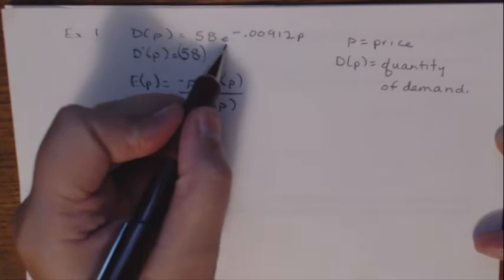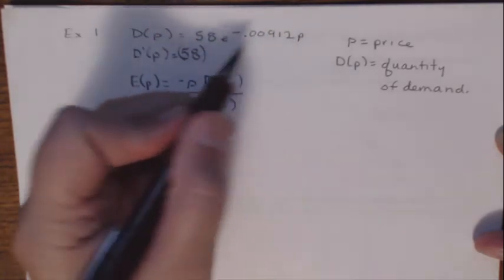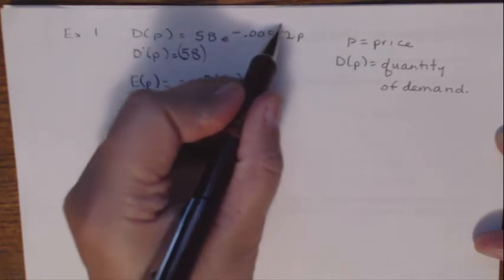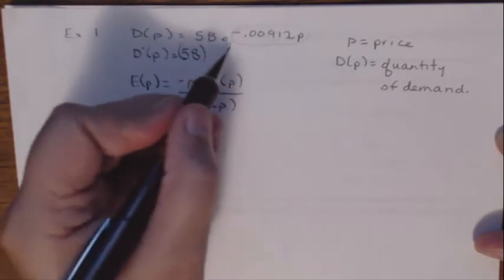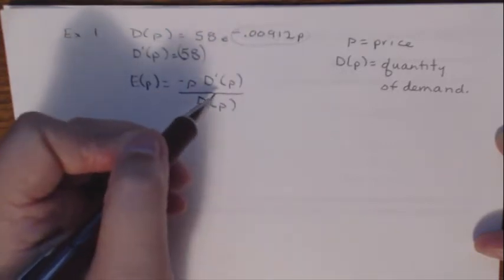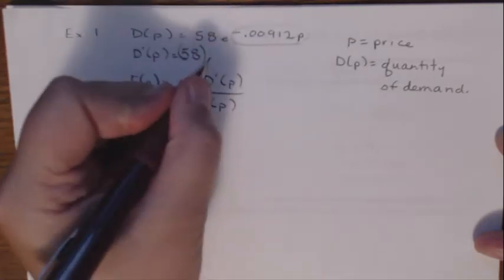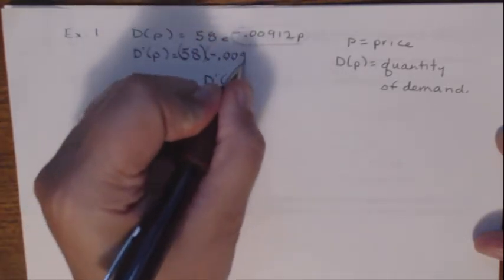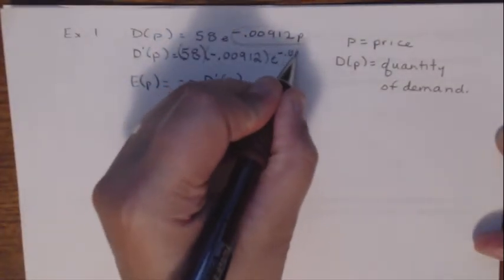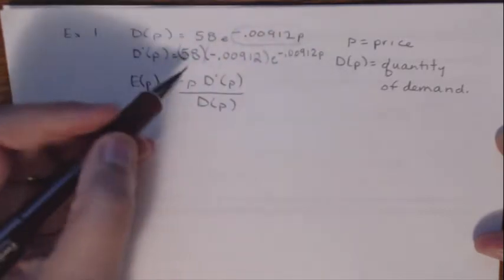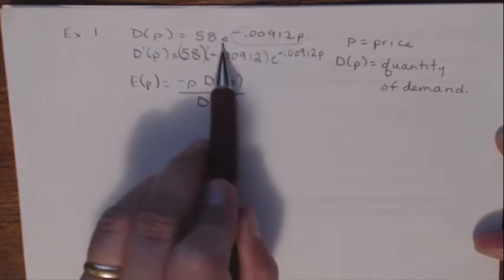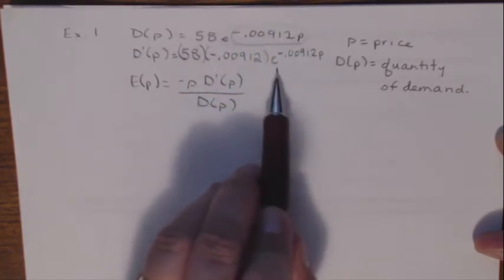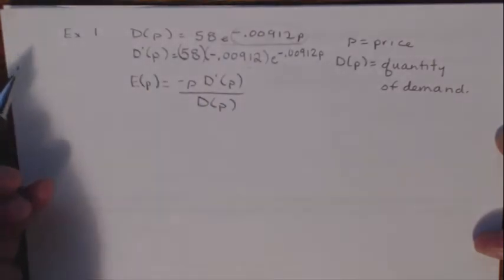And then e to the -0.00912 p is an e function, and we'll have to use the chain rule. The derivative of e to this parentheses is simply e to this parentheses times the derivative of this power, which is -0.00912. So I'll write my e function at the end. So this is the chain rule. Constant comes down, derivative of the power is here, times the derivative of e to the parentheses is e to that parentheses. So that's our derivative of demand.